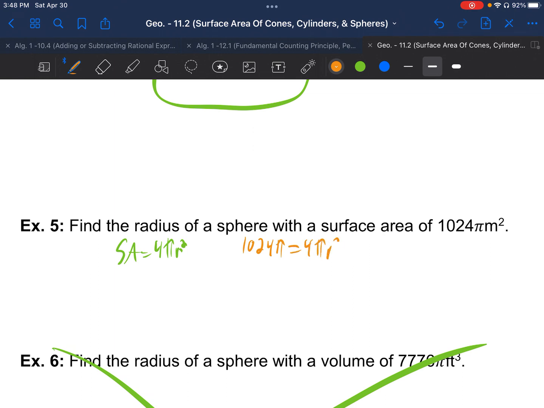And we say, okay, well, what's happening to the radius? It's being multiplied by 4 pi, and it's being squared. We'll undo the multiplication first by dividing by 4 pi. The pi's reduce, and 1,024 divided by 4 ends up being 256.